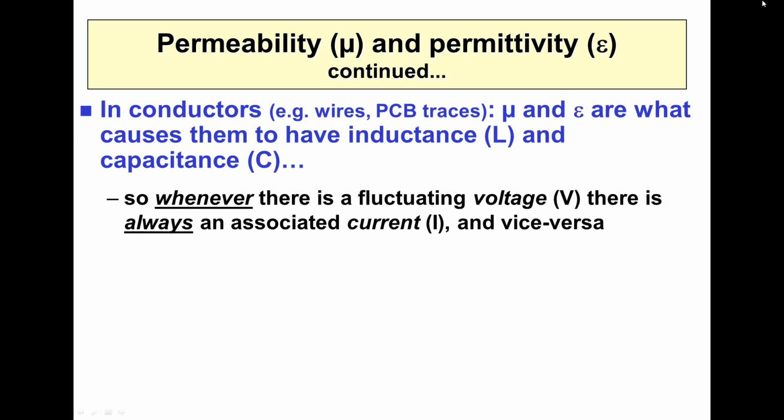There's no way of having one on its own. You might have a little 2 millimeter square test pad attached to an otherwise unconnected pin of a ball grid array, and all it has is a voltage on it, you think. But no, there's a current required to charge up and discharge the capacitance of that pad.